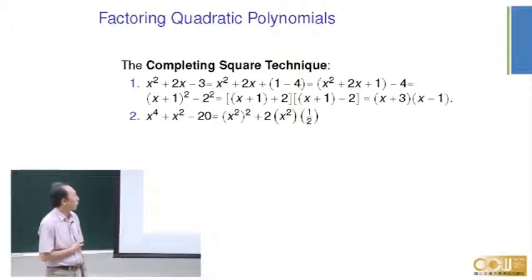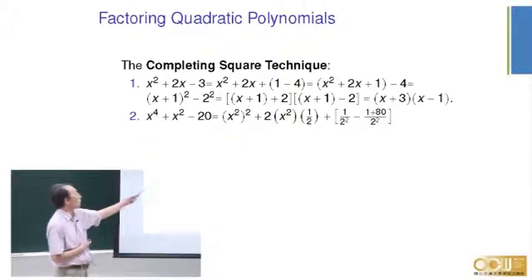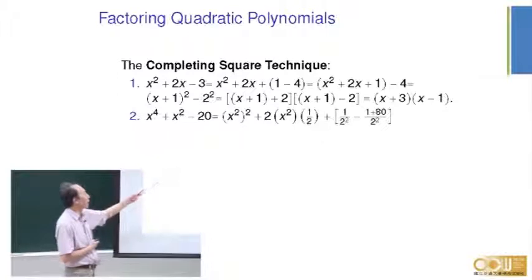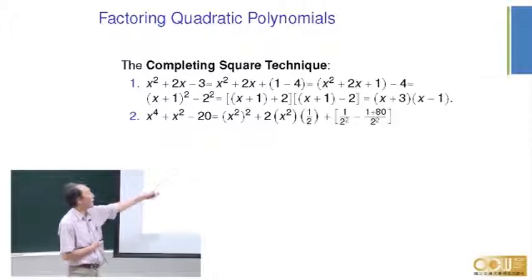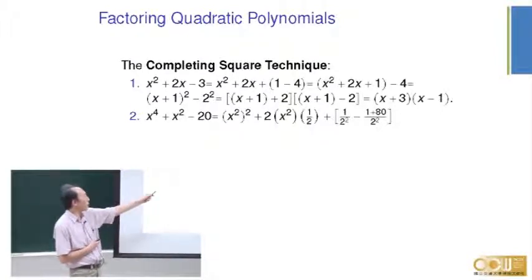So to do that, I put 1/2 squared over there, and because the original quantity is minus 20, to make the equality hold true, I have to do some algebraic trick on the negative 20, and which is I have subtracted back to this to keep the equality holds.